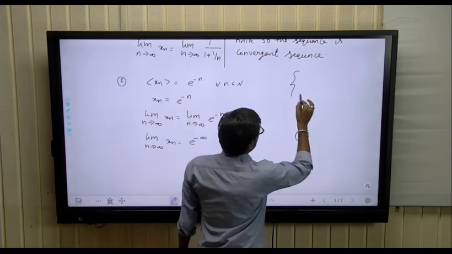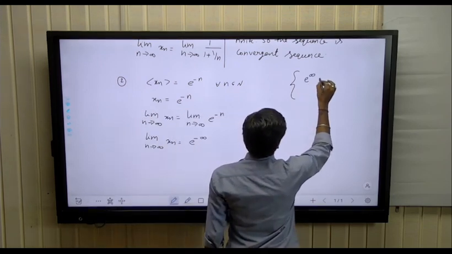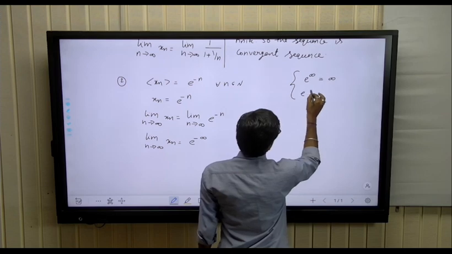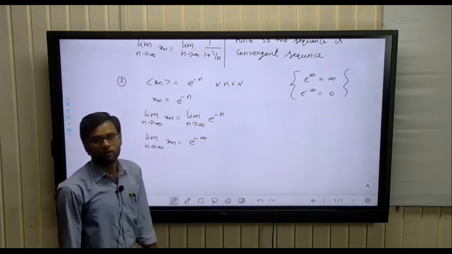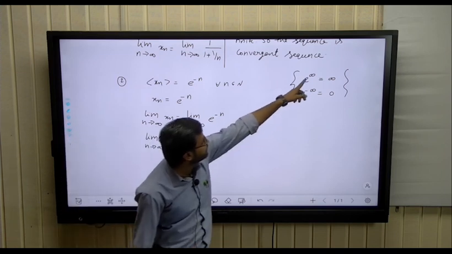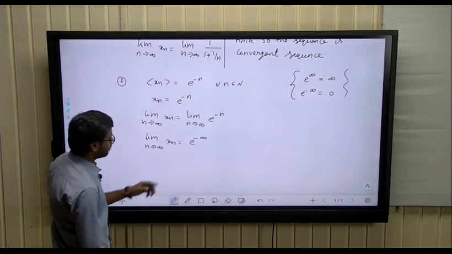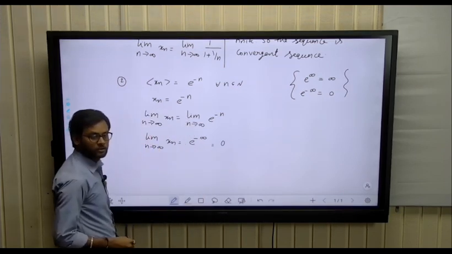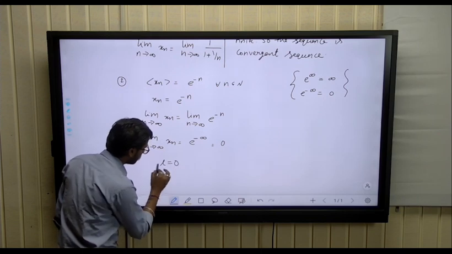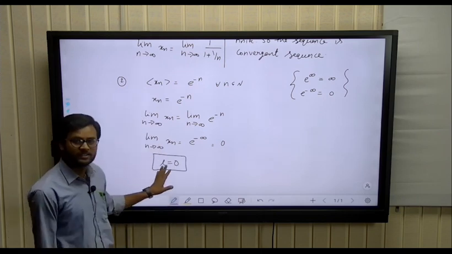I hope you know that e to the power infinity is infinity and e to the power minus infinity is 0. So the value of e to the power minus infinity is 0. So the limit of the sequence is 0. The first step is complete.